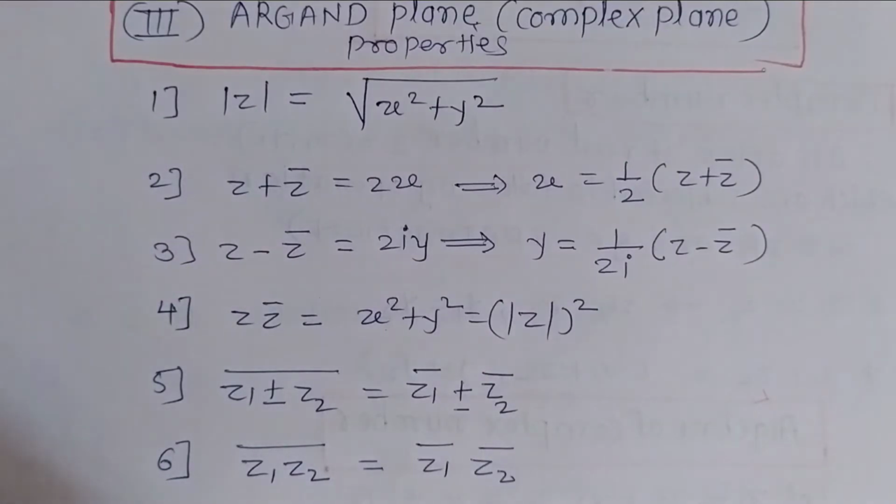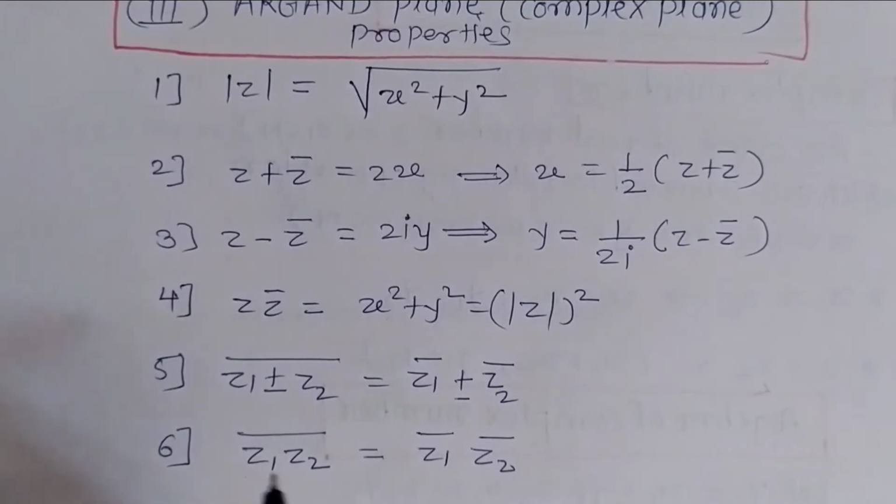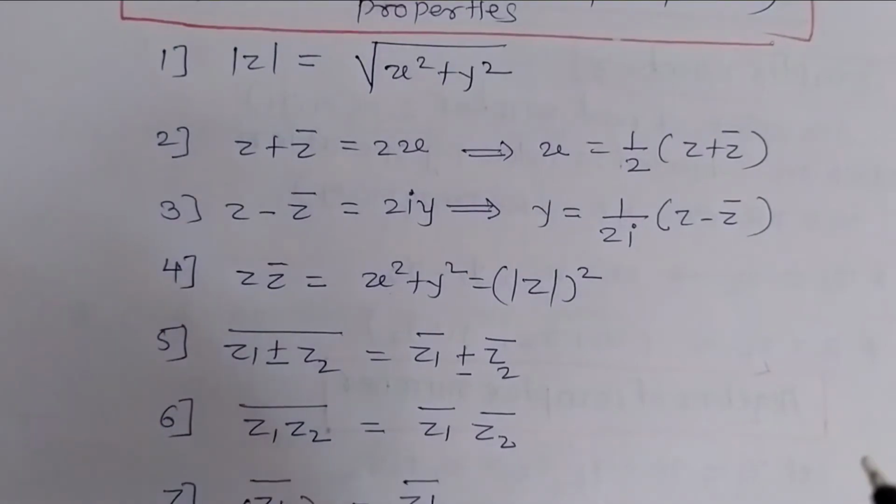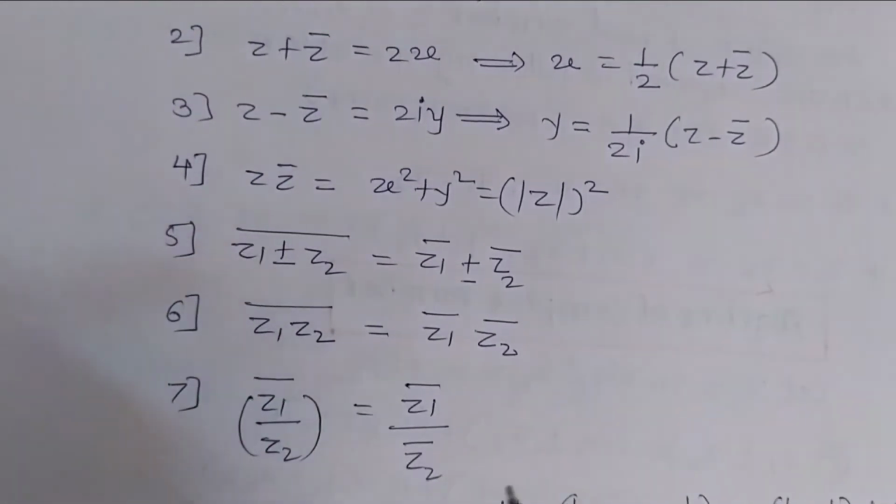Sixth one is (z1 into z2) whole bar is equal to z1 bar into z2 bar. Seventh one is (z1 by z2) whole bar is equal to z1 bar upon z2 bar.